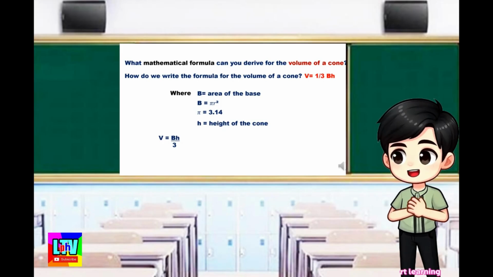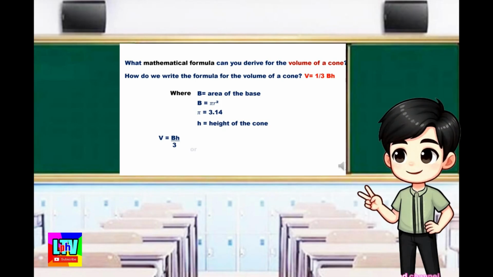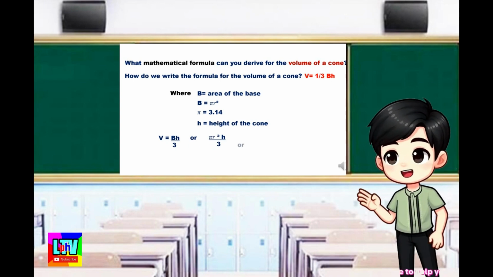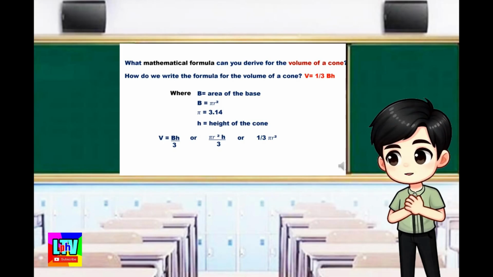So, volume equals base times height divided by 3, or pi r squared times height divided by 3, or 1/3 of pi r squared times height.